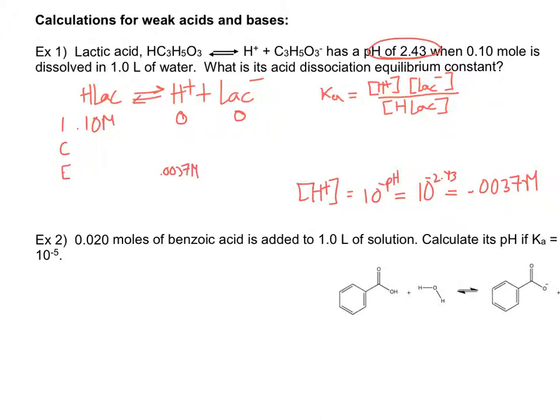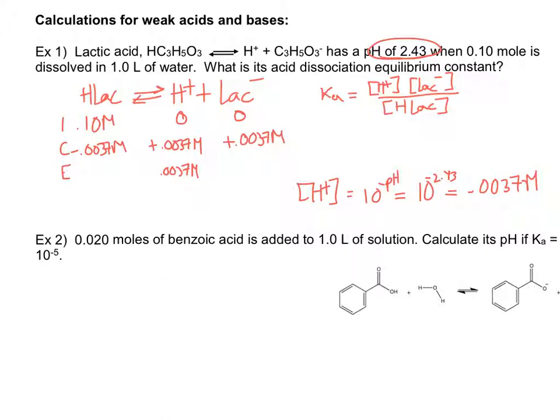And if I know what it started with, which is 0, and I know at equilibrium, then I know what the change is. The change is that it gained 0.0037 molar. And if I know the change for one of them, I know the change for all of them. This would be plus 0.0037 molar, and this would be minus 0.0037 molar, because they're all a 1-to-1-to-1 ratio.